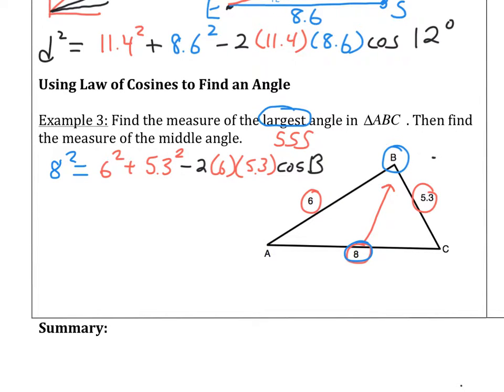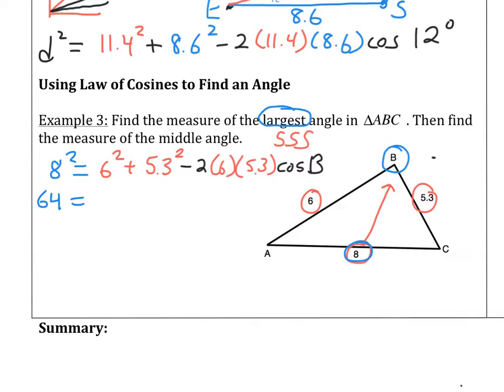So as we work, I'm going to go ahead and multiply out a few things. 64 is equal to 36 plus 28.09. I could have done that at the same time. In fact, might as well. 36 plus 28.09.